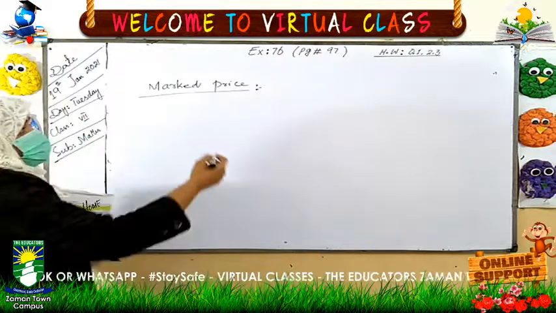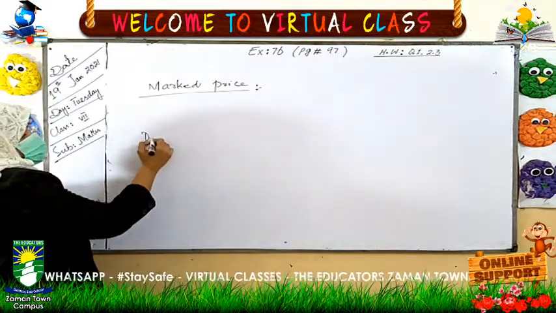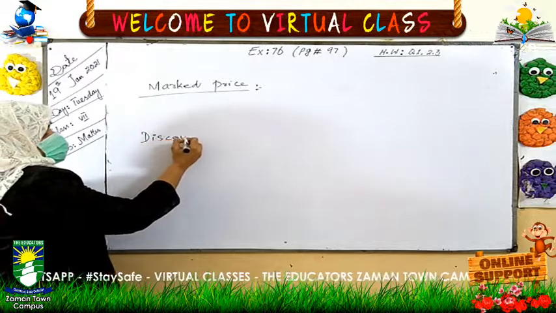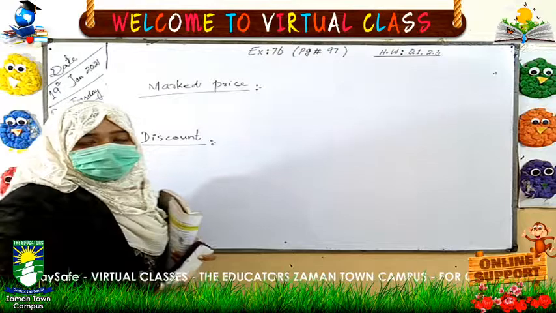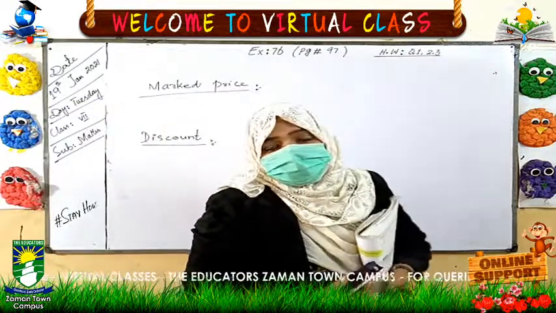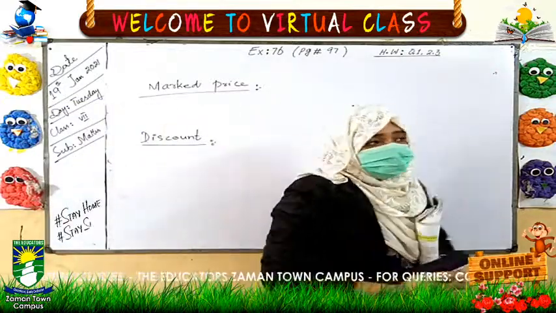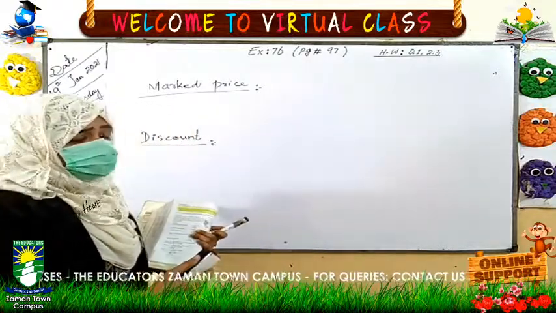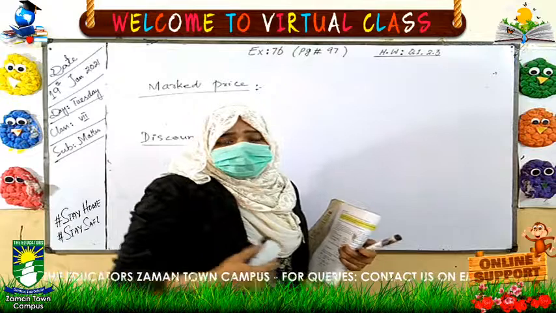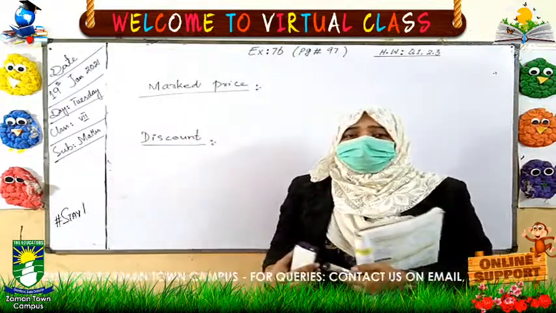Well, we have the next point. Our next point related to question number 2 and 3 is discount. What is actually the discount? When the market or the companies have a lot of stock left, they will sell their articles with a discount.